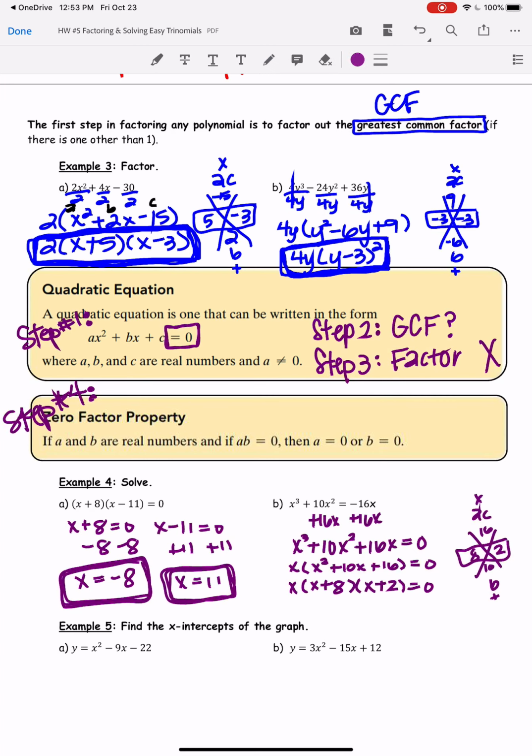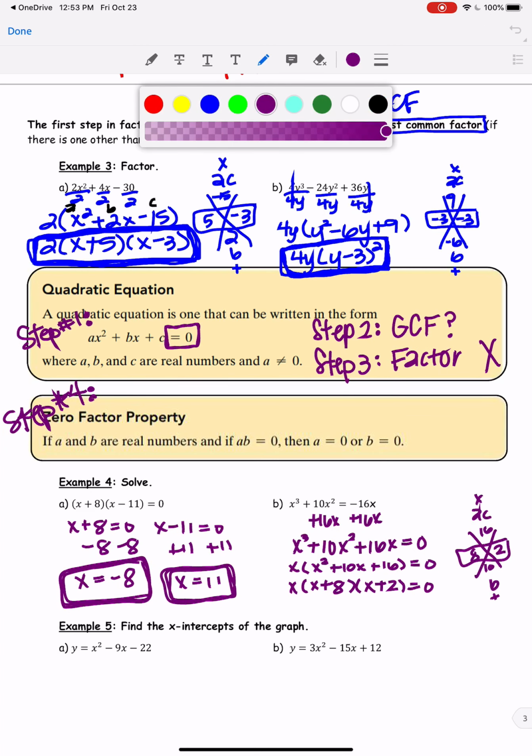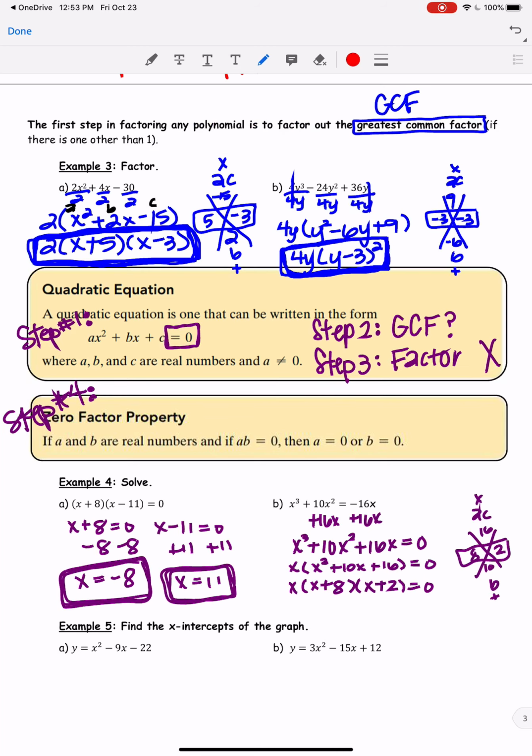Now, on this one, it is a trinomial, but it's not a quadratic. This is actually a cubic, and the reason is because it's got an x cubed instead of an x squared. Still treat it the same.